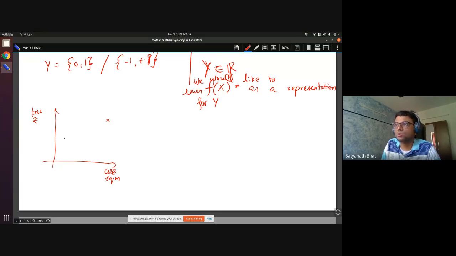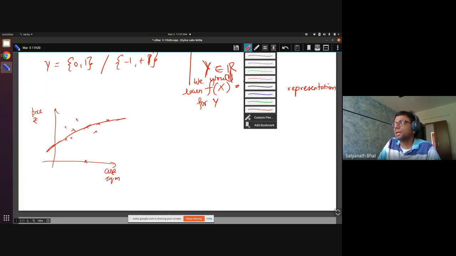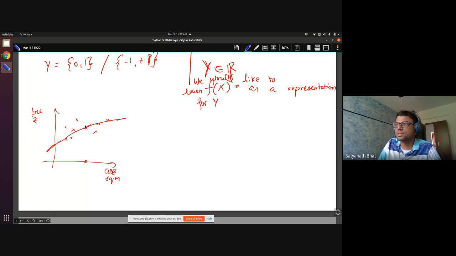Something which is not so big will have a lower price. You can have a function like this, and then there will be some variance, because some localities are more expensive and some are less expensive. What you would like to learn is a single function which best represents the house prices. Then given a new house of this area, you can predict that most likely the house price should be this. This is the regression problem.